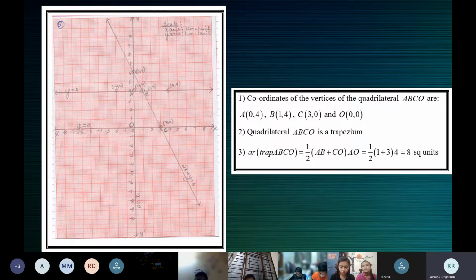Difficult meaning time consuming. So tell yourself, now it's a graph, let me be very patient. Do it carefully and make sure you get it right in the first shot. It's not easy to correct graphs.